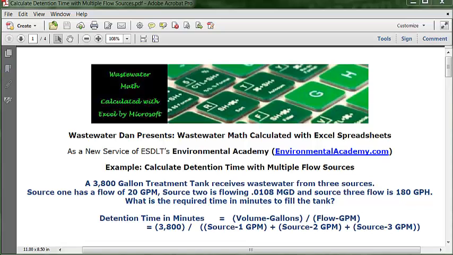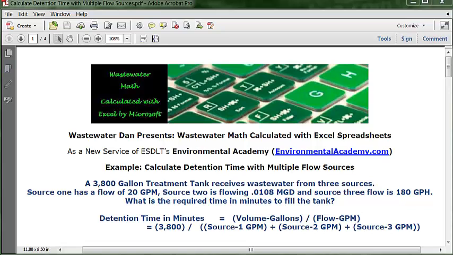Environmentalacademy.com. Today's example is to calculate detention time with multiple flow sources. The problem reads: a 3,800 gallon treatment tank receives wastewater from 3 sources. Source 1 has a flow of 20 GPM.